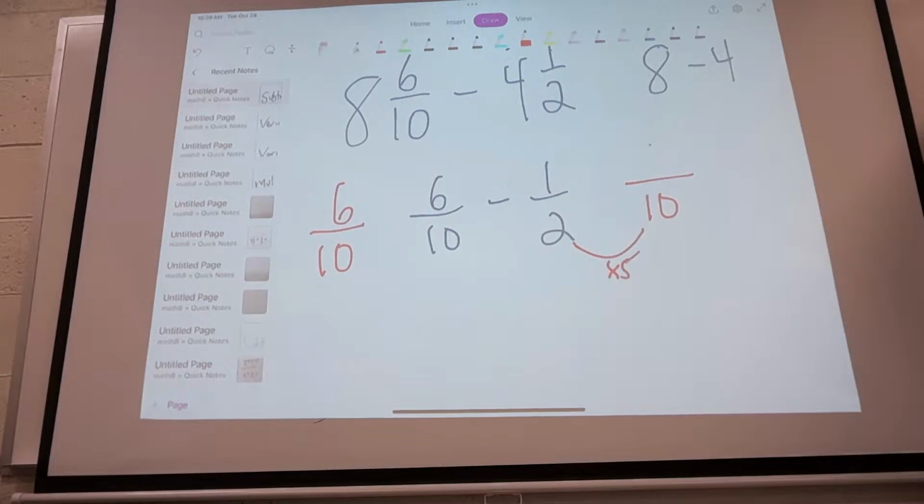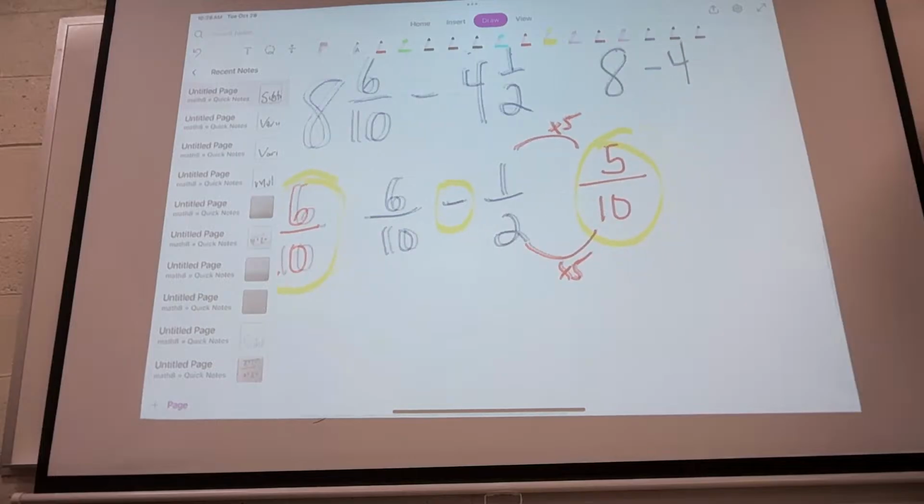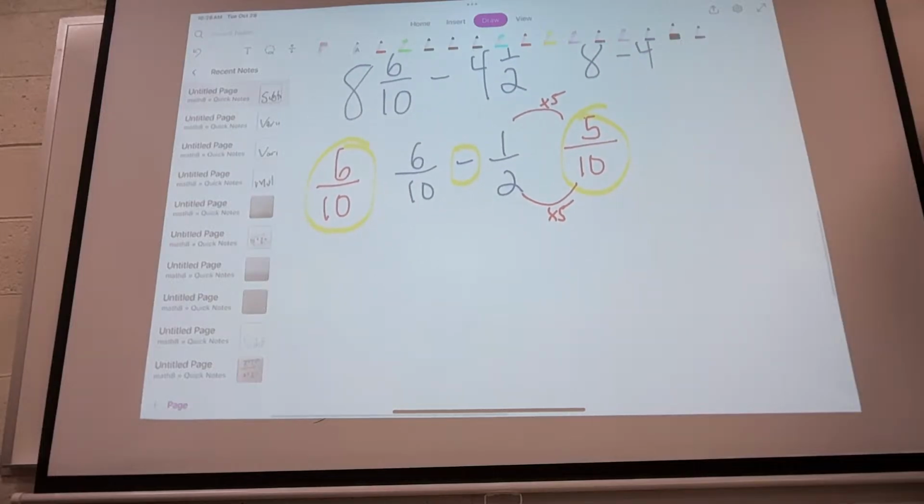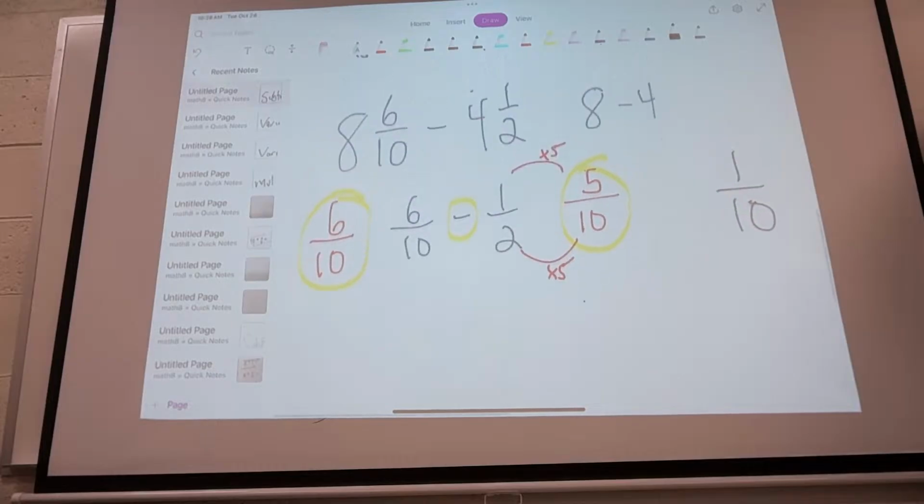Times 5. 1 times 5 is 5. So now I have 6/10 minus 5/10 is 1/10. And then up top, 8 take away 4 is 4. 4 and 1/10.